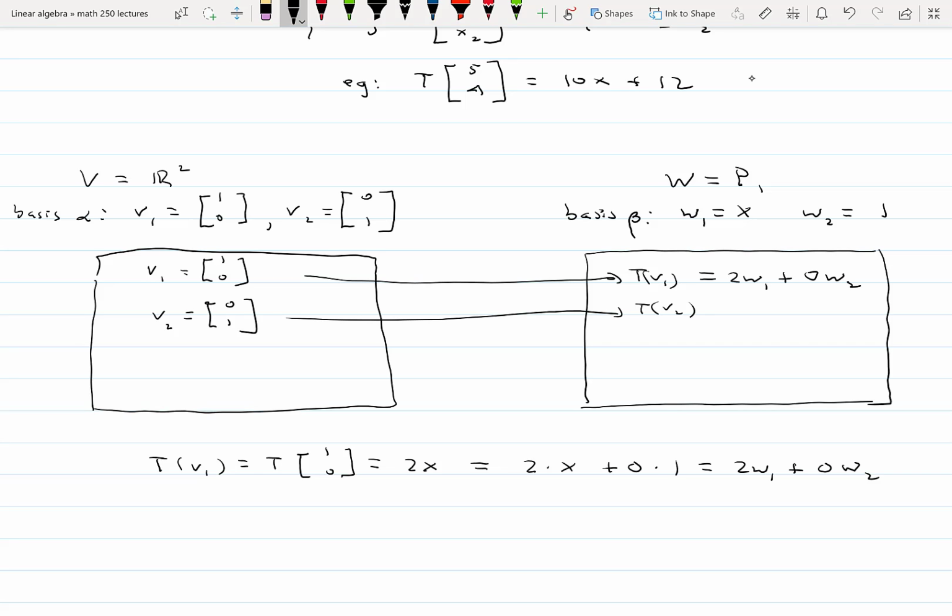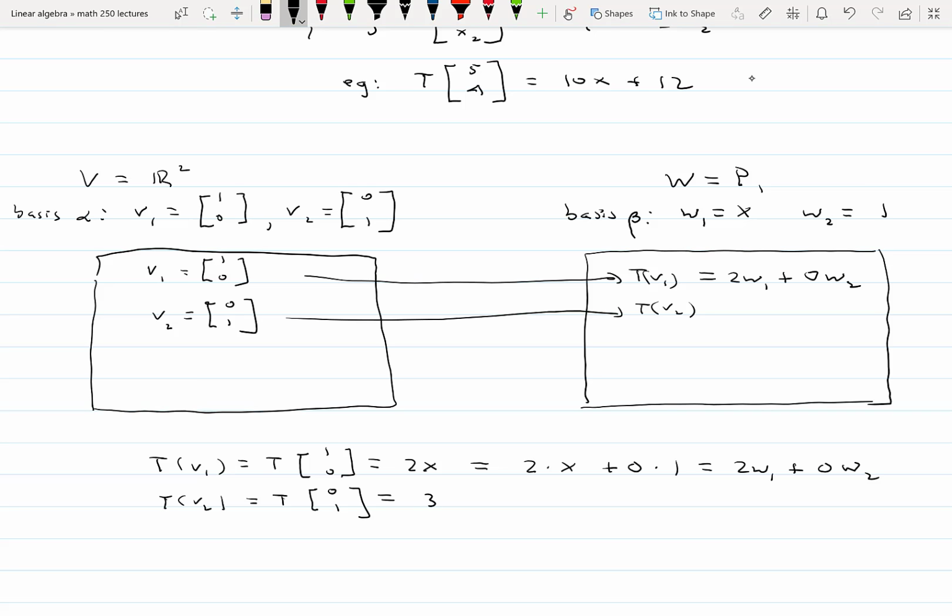So the first thing we're doing here is finding out what the linear transformation does to the basis vectors in V, and then writing that result in terms of basis vectors in W. If you missed that, we still have another one to go. So T of V2 is T of the vector (0, 1). Well, what's T of (0, 1)? It's just 3.